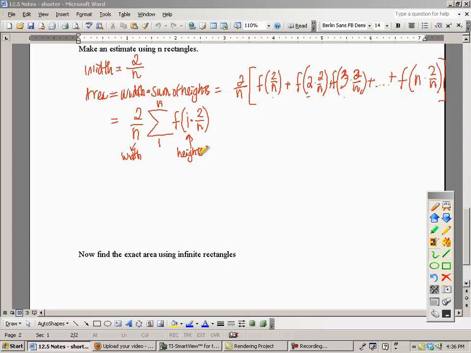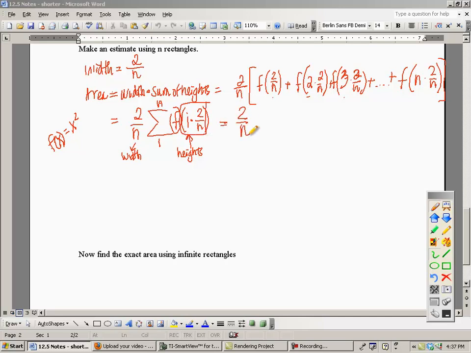Okay, so what I need to do is look at what is my function. My function f, remember, f of x is x squared. So I'm going to take this idea and I'm going to square it.